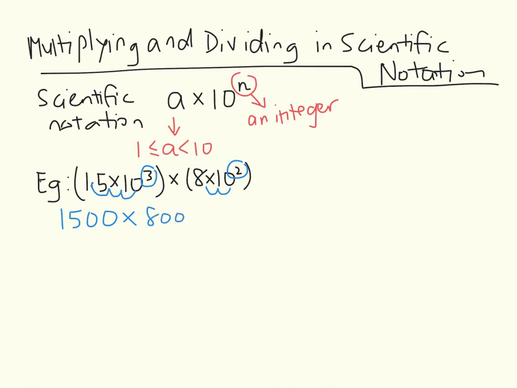So if we multiply this out, 1500 times 800: 0 times 8 is 0, 0 times 8 is 0, 5 times 8 is 40, and 1 times 8 is 8, plus 4 is 12.